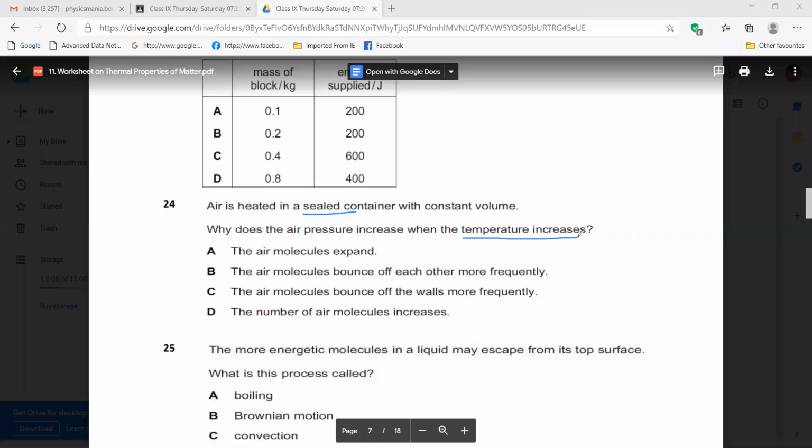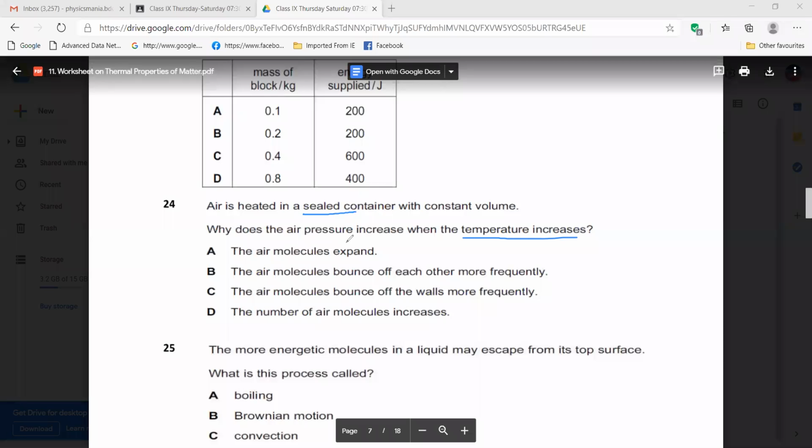Yes, sir. So if they are moving faster, what will they do?